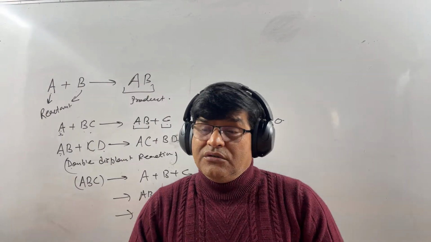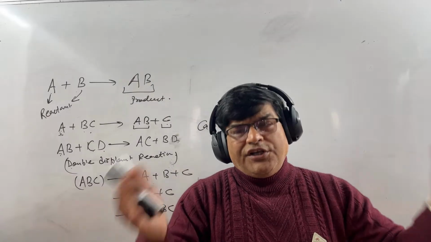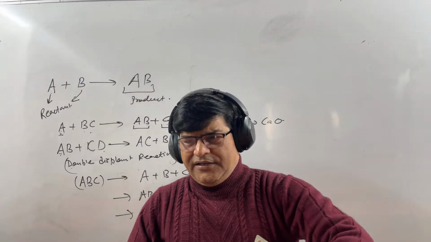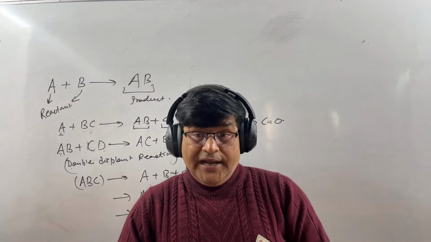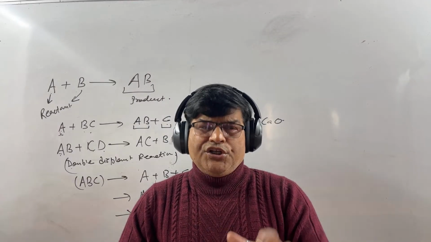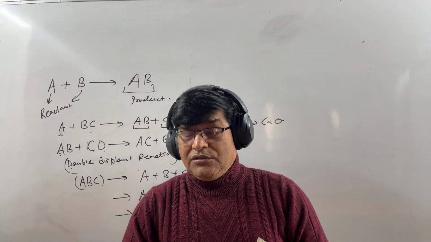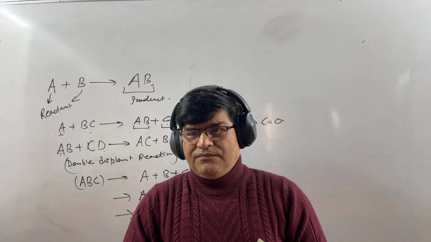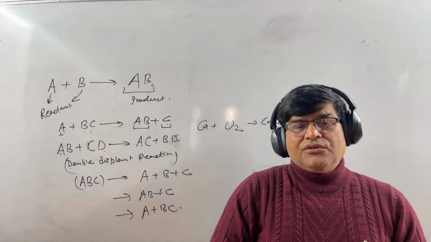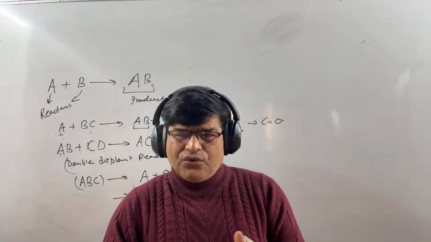And now corrosion. Corrosion is a kind of reaction where unwanted compounds are formed, as when iron reacts with water. Iron in general does not react with water, it is a very slow process. But if it is hot water, then this process is very fast. If you take steam, it is even faster.